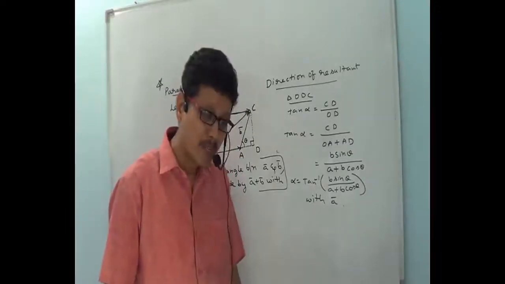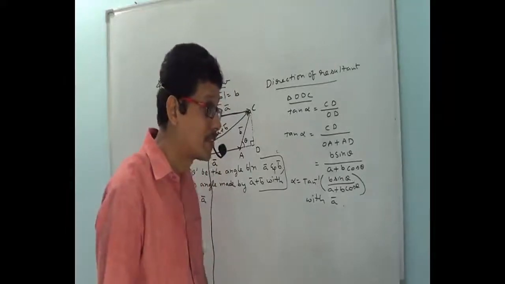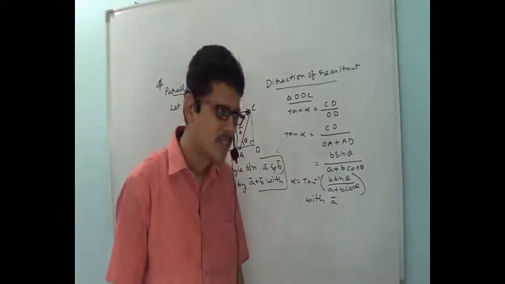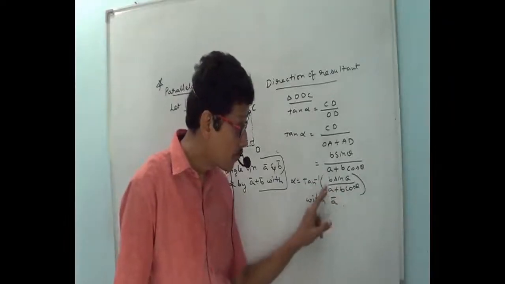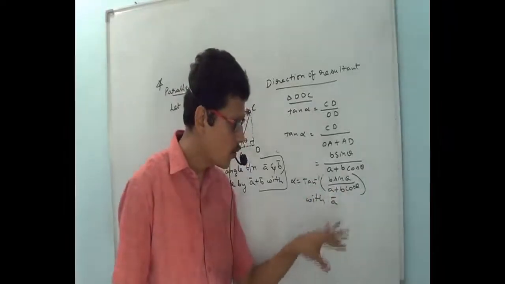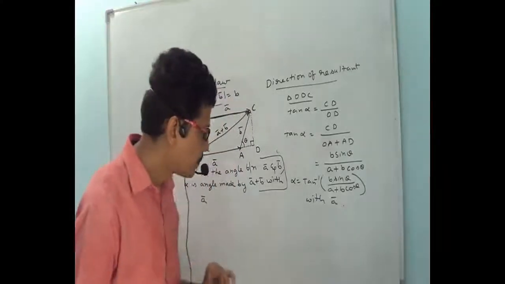That is with A bar. With B bar, if he asks, it is tan inverse A sin theta by B plus A cos theta.